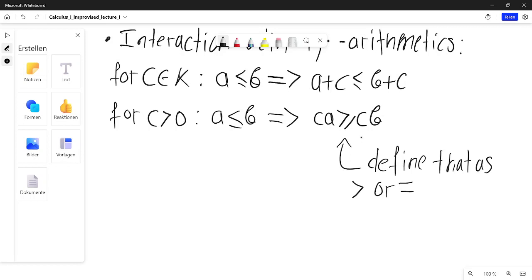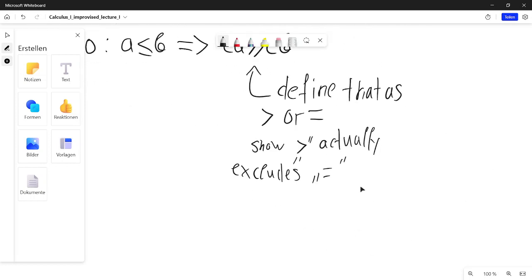Show that it actually excludes the possibility, and that's simple.